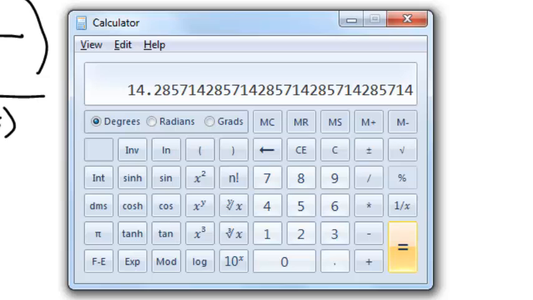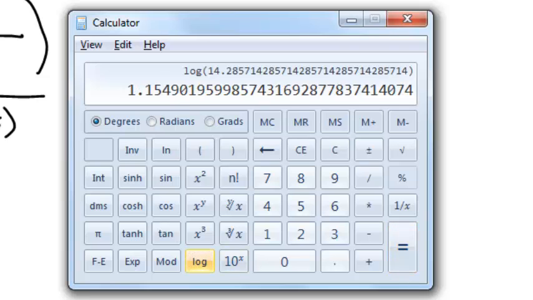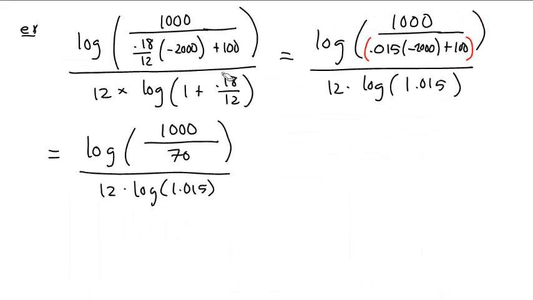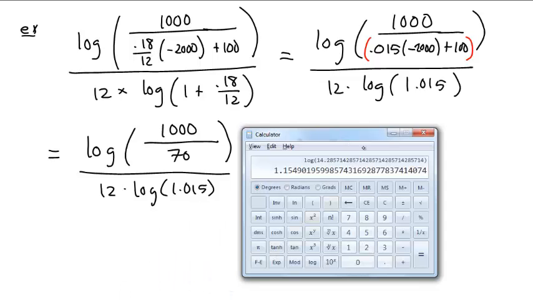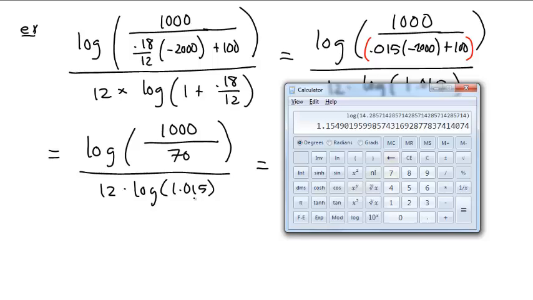Because this is a cheap calculator, you type the function in later. I hit log, and I get that answer. Where's my 4 significant digits? 1154. The 9 is going to bring it up to 1155, 1.155. So this numerator is 1.155.